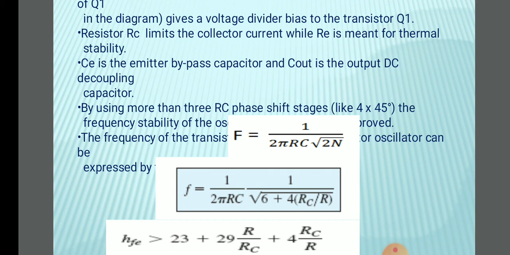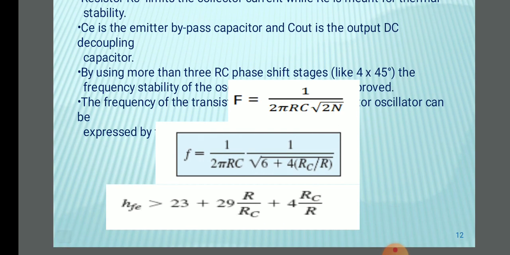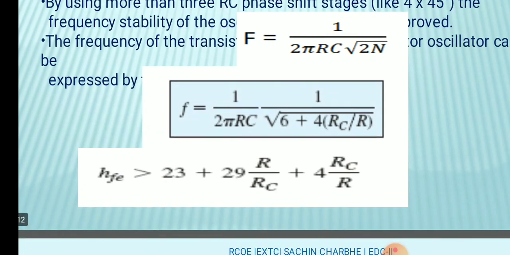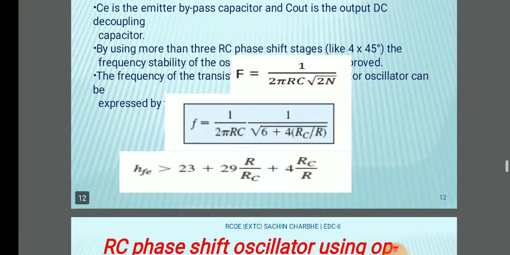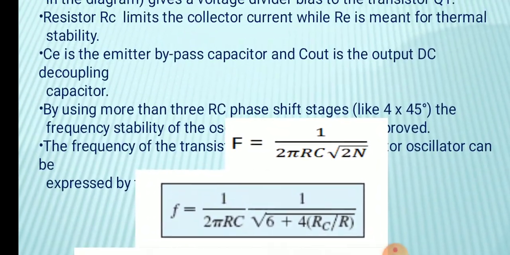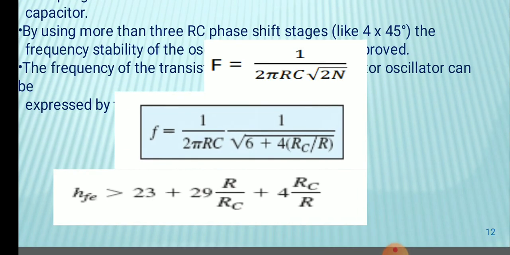The frequency of the oscillator can be expressed by: f equals 1 by 2 pi RC under root of 6 plus 4 into RC by R, and the hFE can be calculated. hFE is greater than 23 plus 29 R by RC plus 4 into RC by R. So for this you can refer to the book.